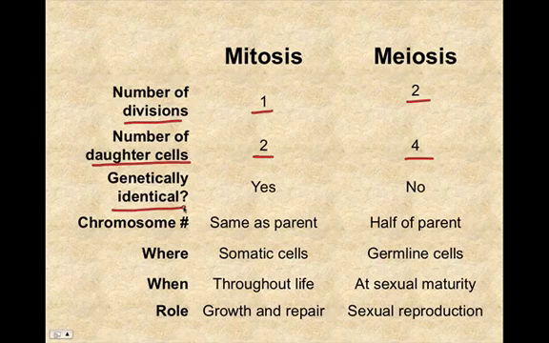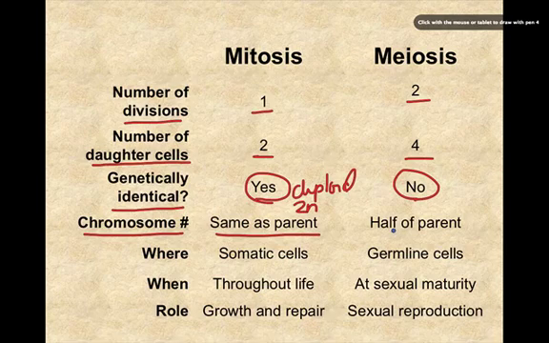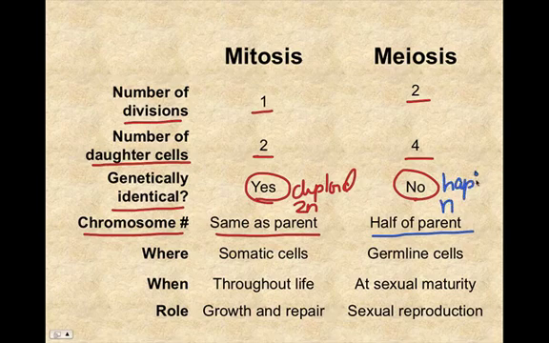As far as genetically identical, yes, they are genetically identical in mitosis. No, they are not genetically identical in meiosis. As far as the number of chromosomes, in mitosis, they are the same as the parent, which means they are 2N or diploid. In meiosis, they are half of the parent, which means they are N or haploid.